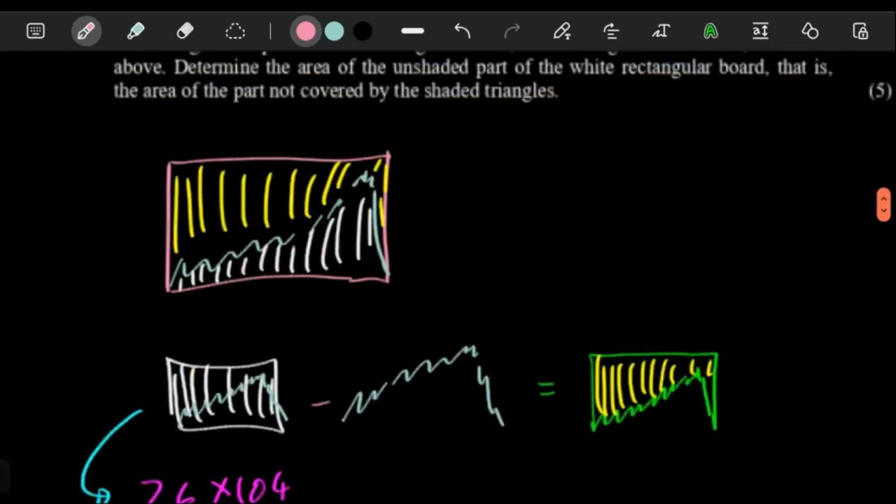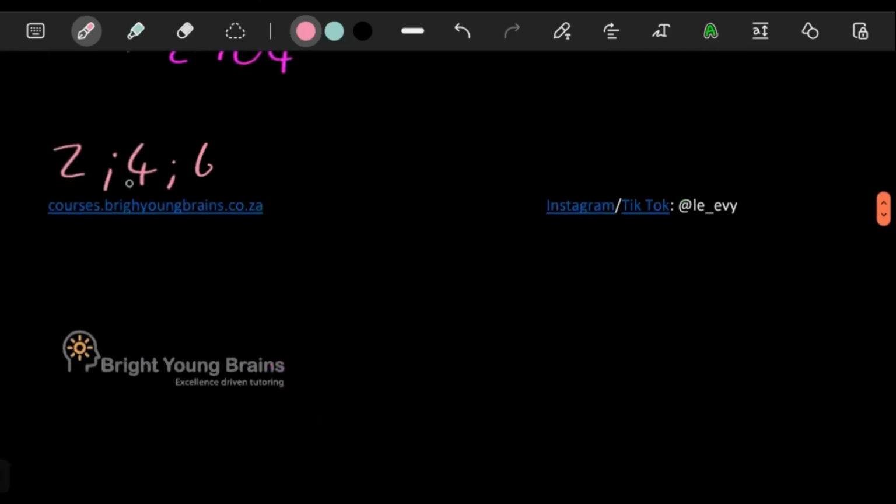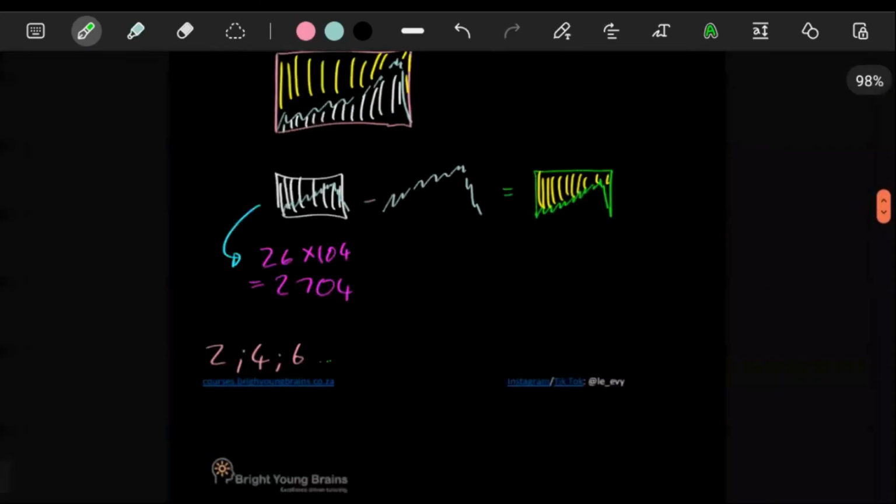This is 12 times a half, which is 6. So automatically we can see that this looks like an arithmetic sequence. We know these areas are going up to wherever, but it doesn't matter. We want to see how much all these areas would add up to if we add them up until the area in position 26.